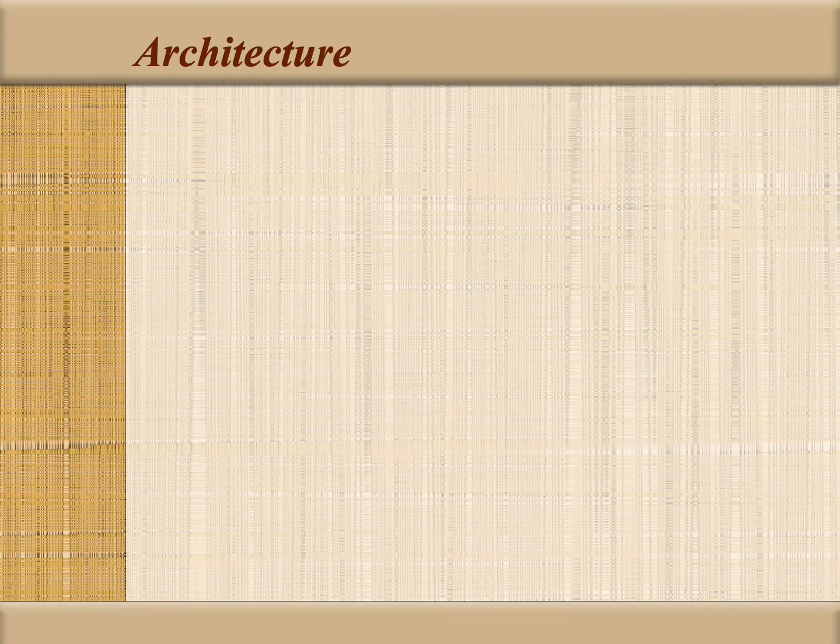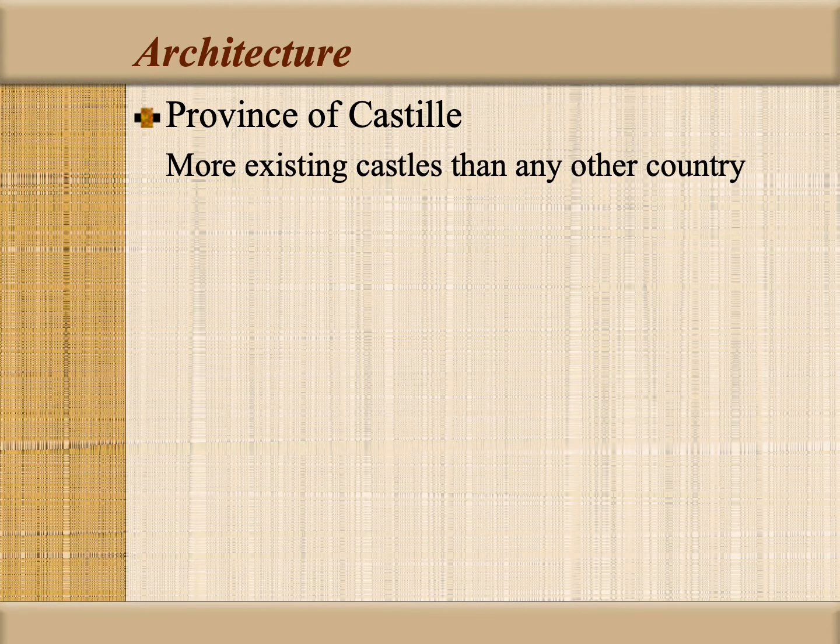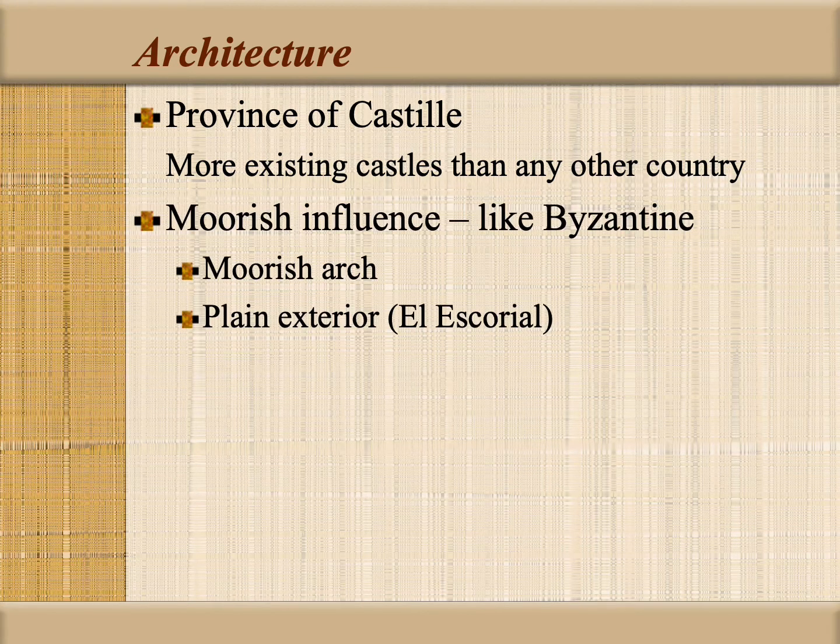All right, so now we're going to shift our focus to some architecture. So the province of Castile is a section of Spain, and it has more existing castles than any other country, which would have been incredibly important architecture to build, especially when you're constantly facing invasions.